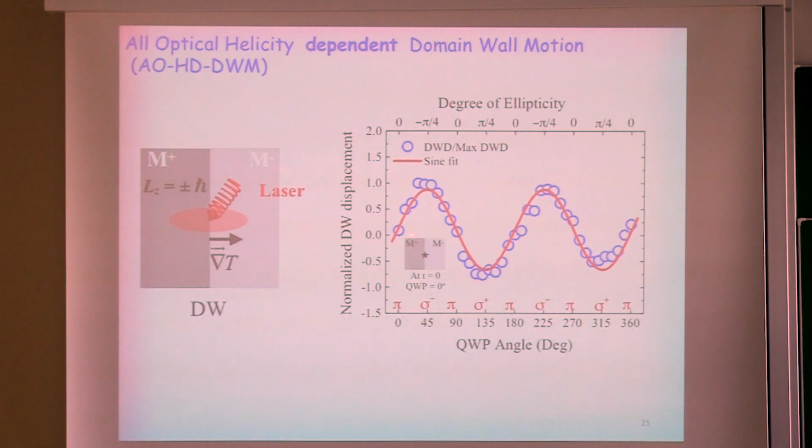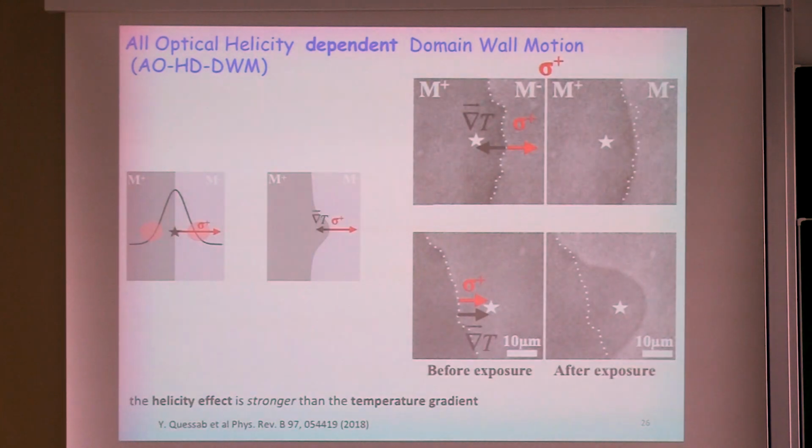So the displacement of the domain wall is clearly following the helicity of the light. Okay, and that's clearly shown here by the fact that you have a competition between this helicity that pushed the domain wall toward this direction and the thermal gradient that pushed it toward the position of the laser.